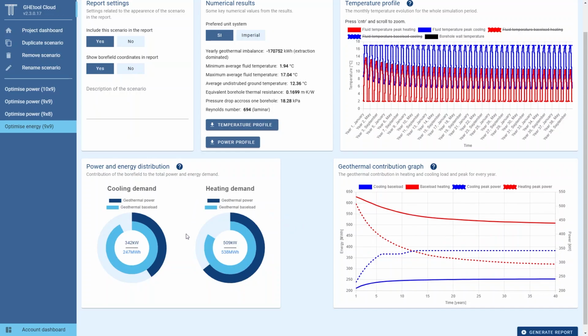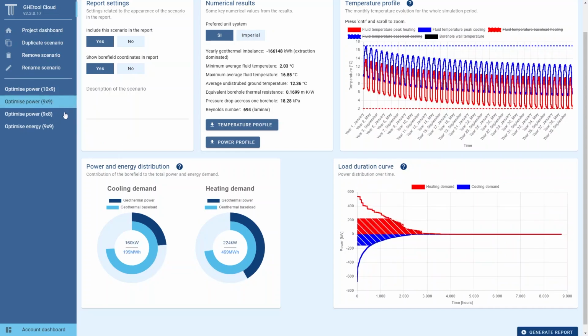So let's think a little bit how we can further optimize this, because although we're not doing economic evaluations at the moment, we can see that the difference between having 509 kilowatts of geothermal heating installed versus 224 kilowatts, it's a big difference. It's a very big investment cost that we need to do there.